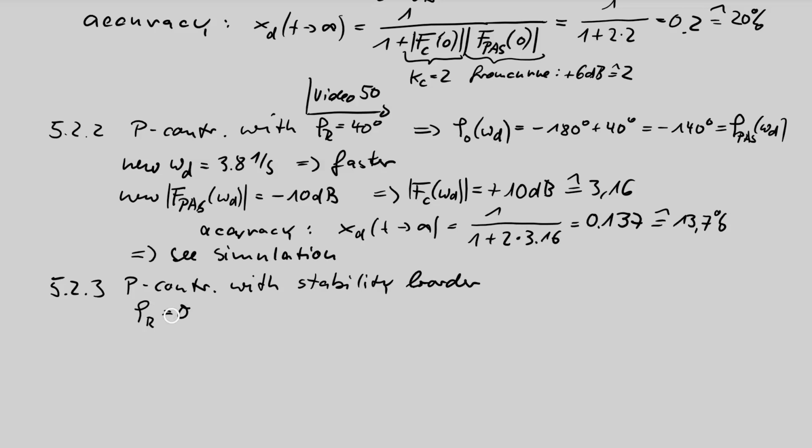Negative phase margin means instability, positive stability, so the border is exactly the 0 value. That is the case where the open loop phase at omega d is minus 180. And the open loop gain, note that is the definition for my Nyquist border, is 1.